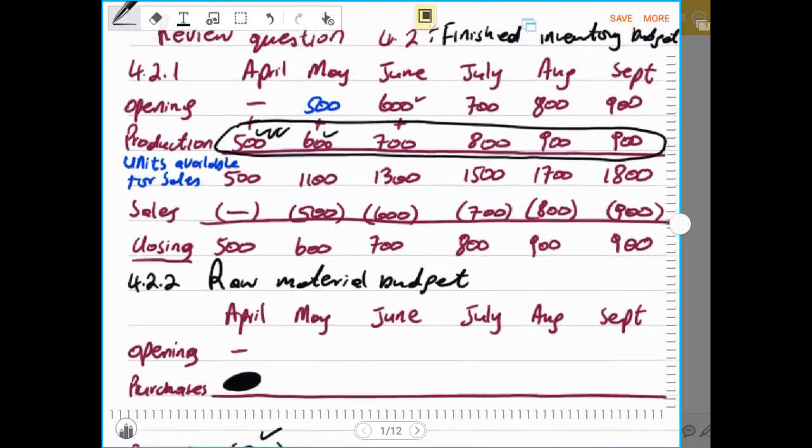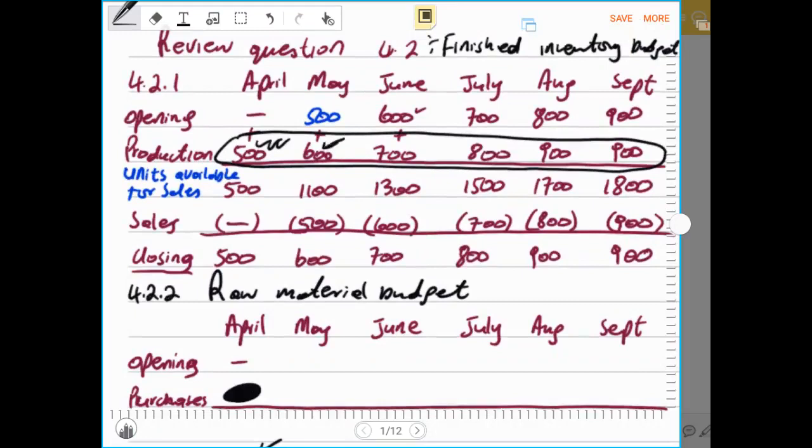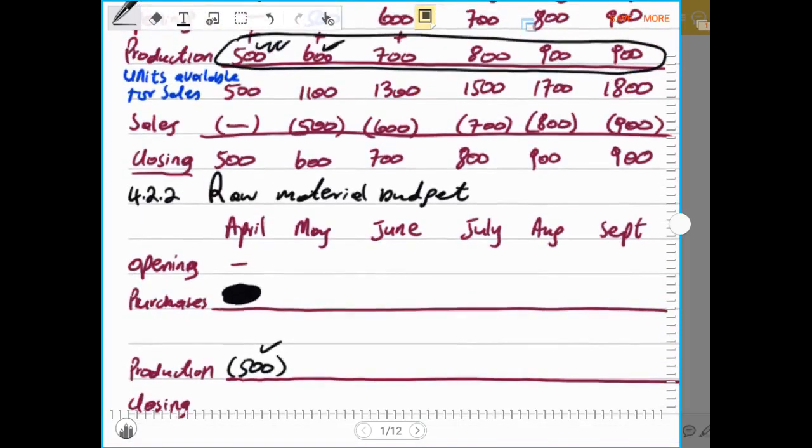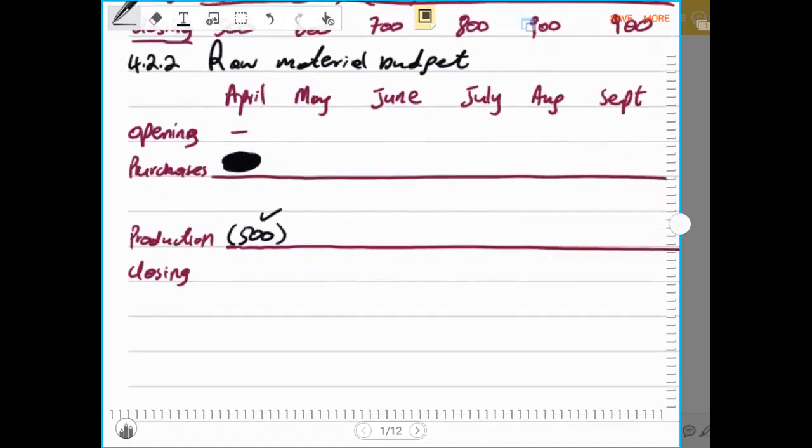And the planned production for next month is 600. So our purchases for the current month should be such that the closing raw material must be 600. So we already know that closing must be 600 because that's what the statement said.